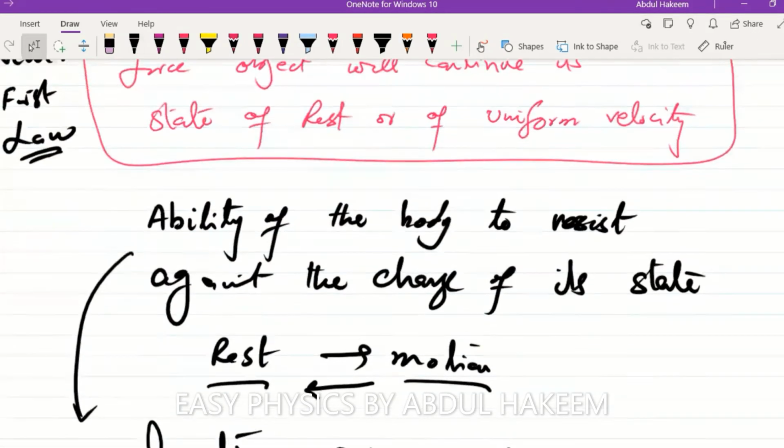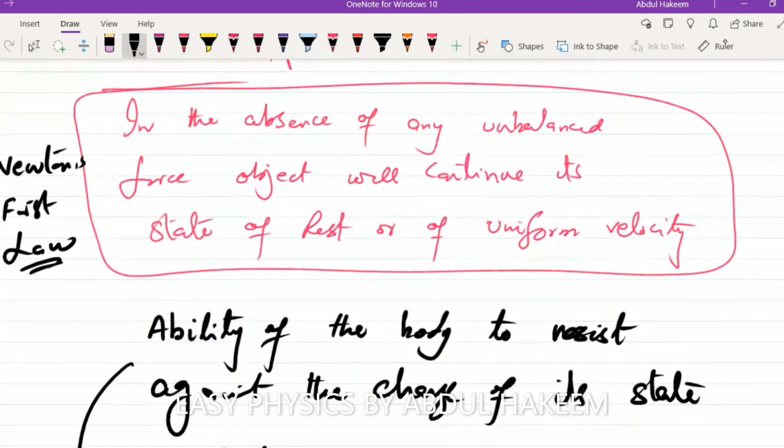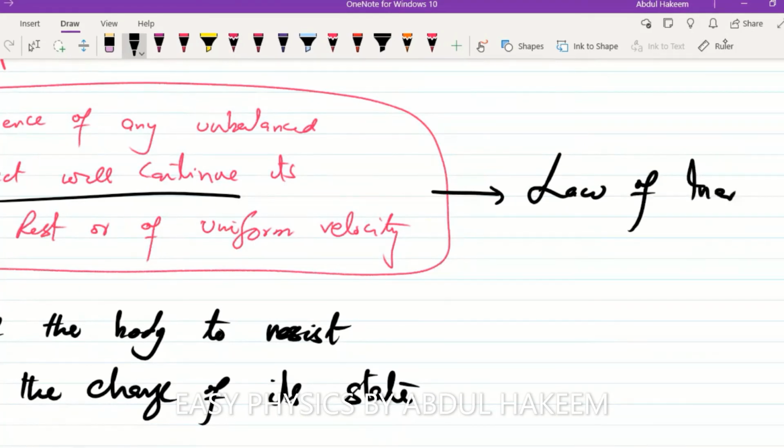And this law, Newton's first law, that an object will continue its state of rest or of uniform velocity, is sometimes also known as the law of inertia. Because when we change the state of the object, first it will resist against the change of the state.